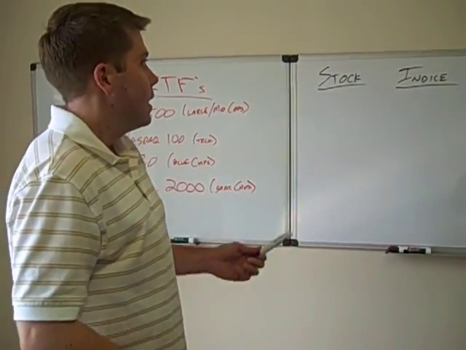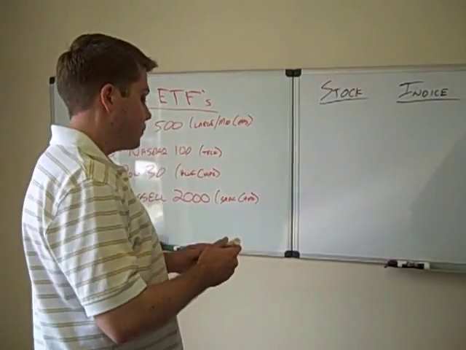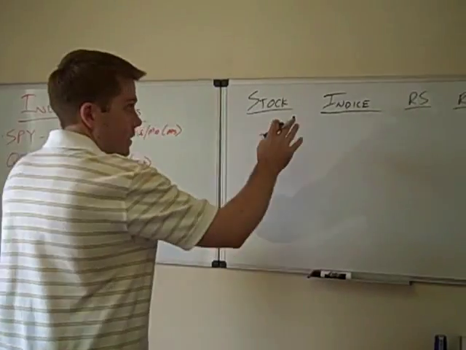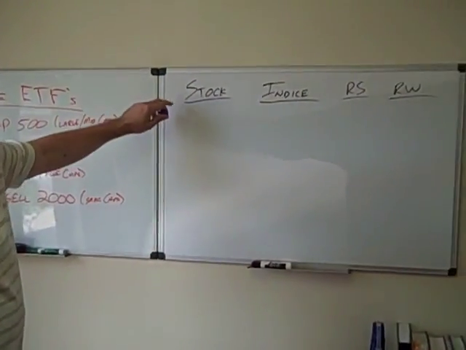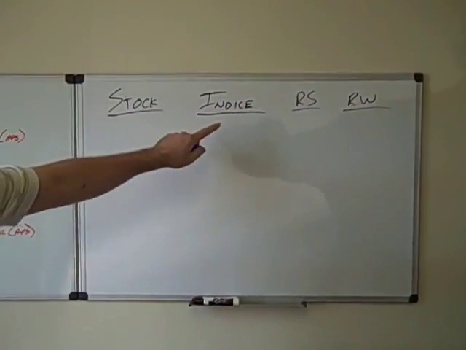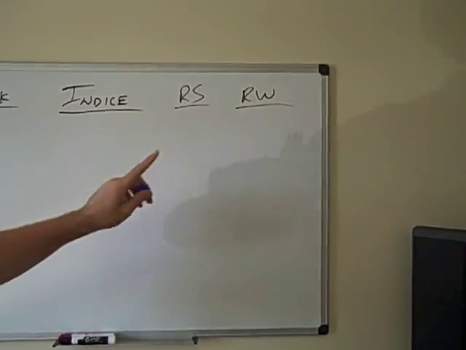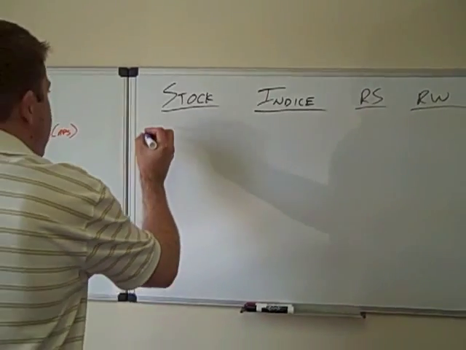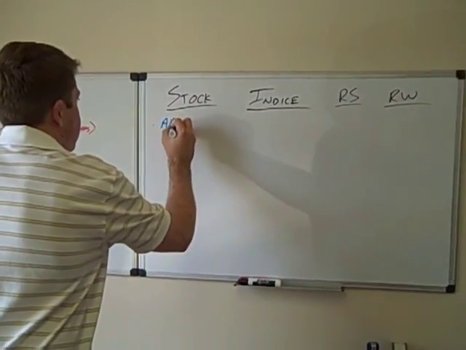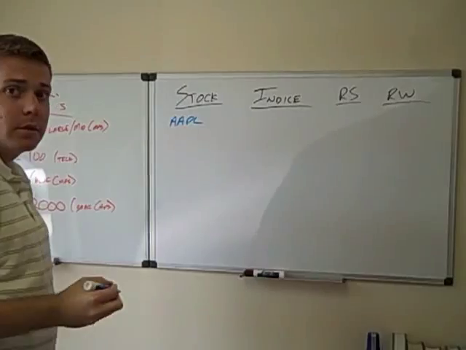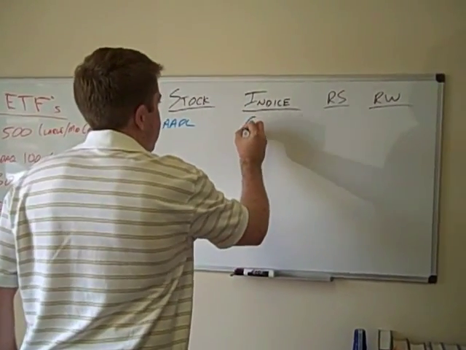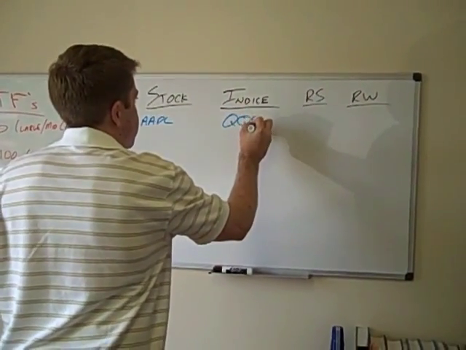This is how I like to put it out on my piece of paper. I've got the stock column, the indice column, relatively strong, relatively weak. We've got the stock, Apple. Its respective indice is the Qs.